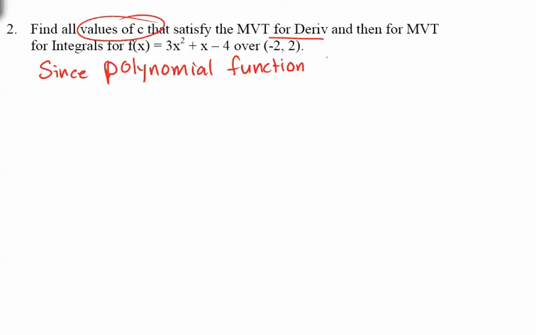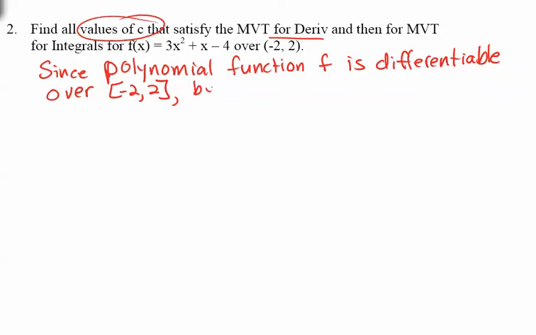So this could very likely be a multiple choice question on a test. Since polynomial function f is differentiable, so this is the entire argument here, over our interval, and it could go to the closed interval, by MVT, there is at least one value c.